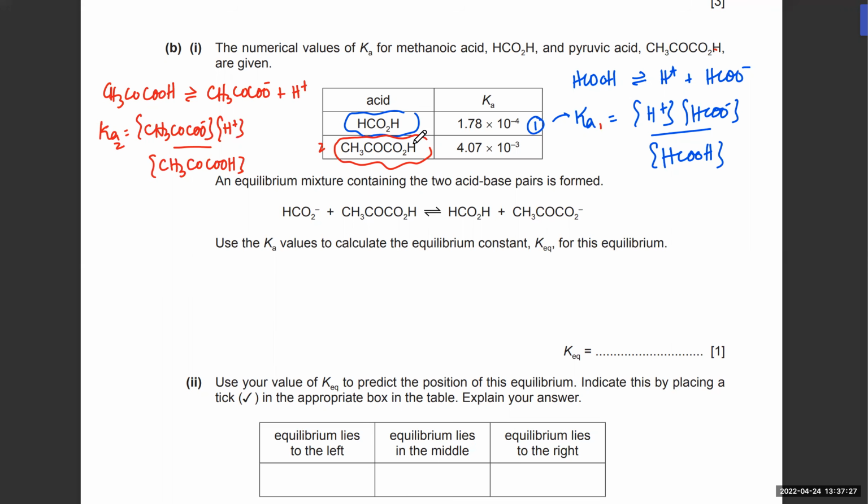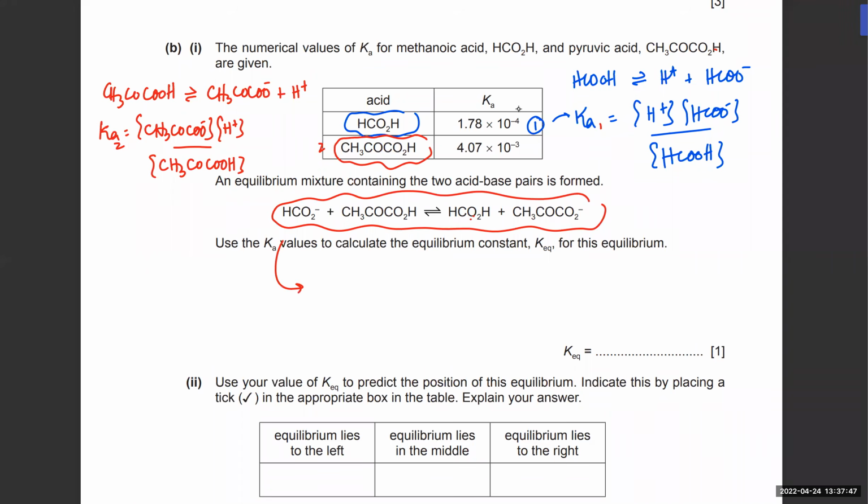Now the question is, this data is apparently not linked with this one. What he's saying is, find the equilibrium constant for this reaction. If you read the question, it looks like this is not linked with this one, but it is. Okay, he's asking for the equilibrium constant for this reaction.